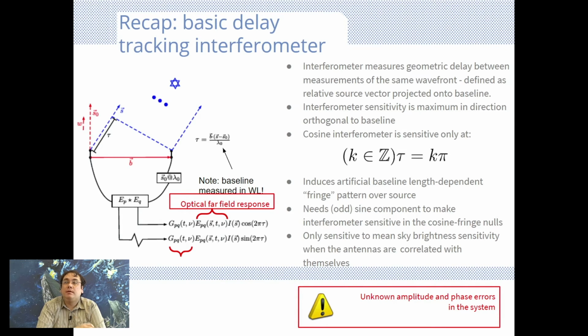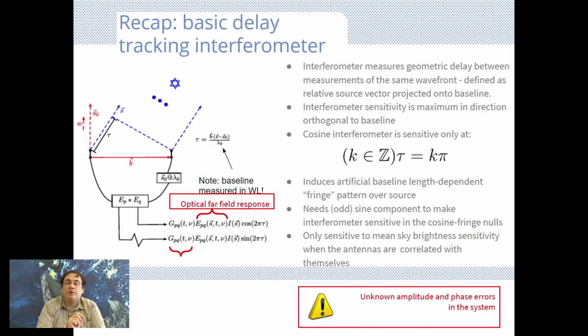So this is just a geometric delay between the signal hitting, let's say, antenna P and another antenna Q, separated by this distance. The interferometer is maximally sensitive in a direction orthogonal to the baseline for instantaneous measurement, right?